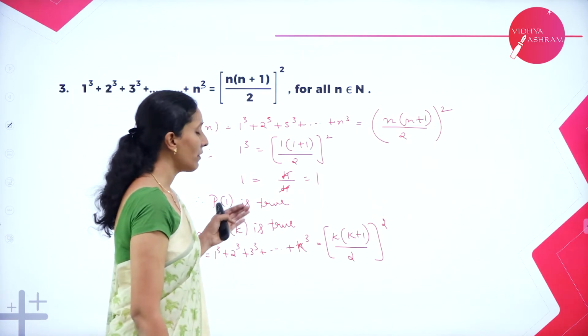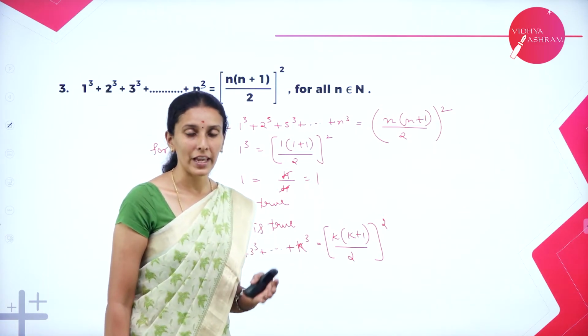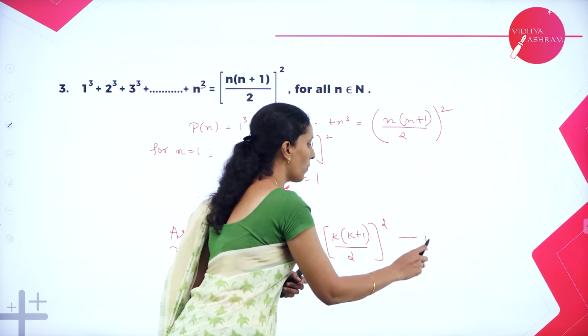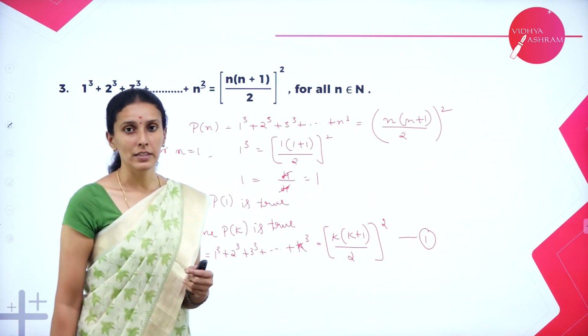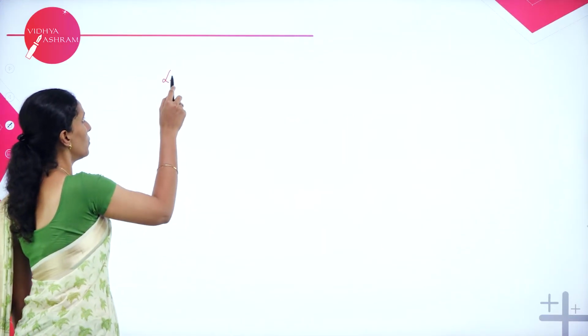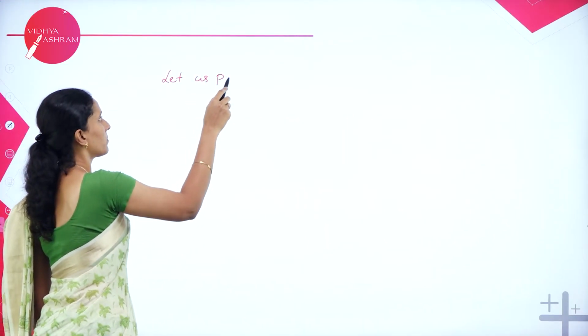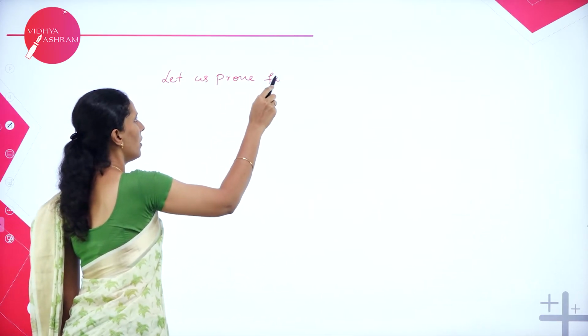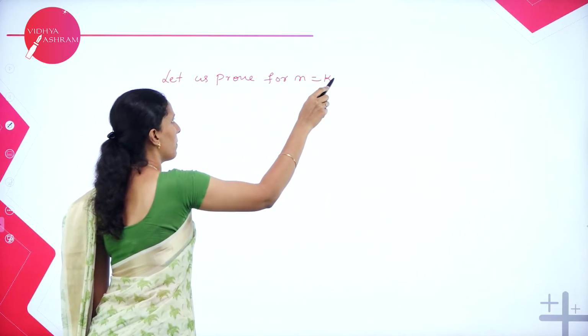Now, here we have taken that P of k is true. So let me take this as equation 1. Now let us prove the result for n is equal to k plus 1.